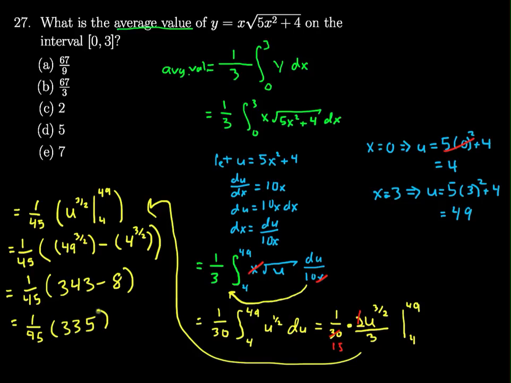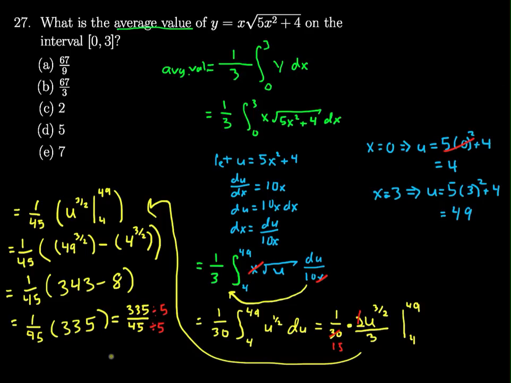Okay, I don't see it there yet. We've got some reducing to do, and these are kind of ugly numbers, but hey, it'll work. 335 divided by 45. Obviously, they both have factors of 5, so let's take those out. Let's divide out the 5 from the top and the bottom and see what we get. The bottom's really easy to do.